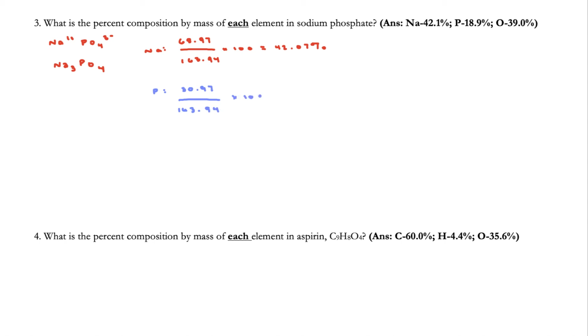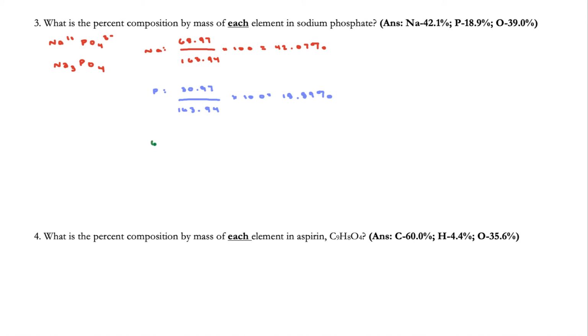When I do that, I take 30.97, divide by 163.94, multiply by 100%, and I get 18.89. The answer in the book is 18.9. Either one is fine. Again, I would stipulate what I wanted you to round to.